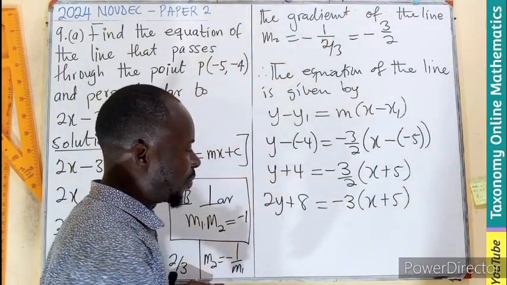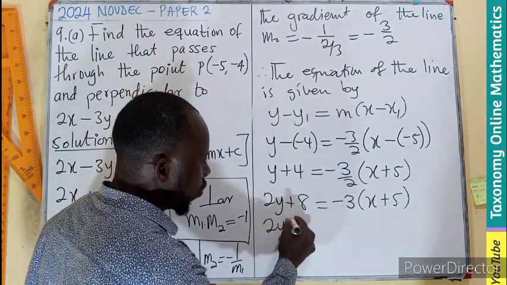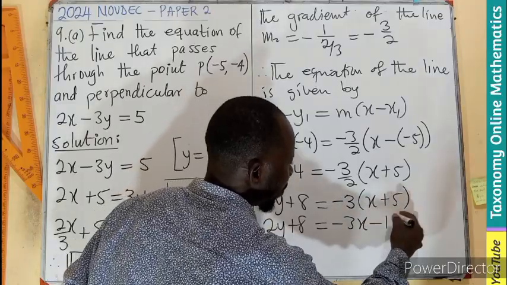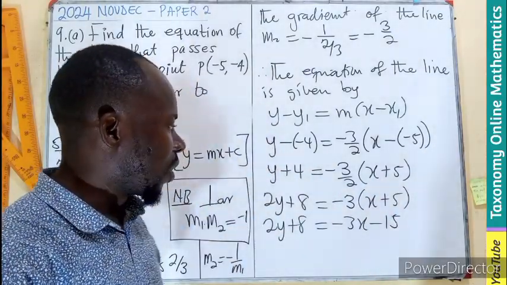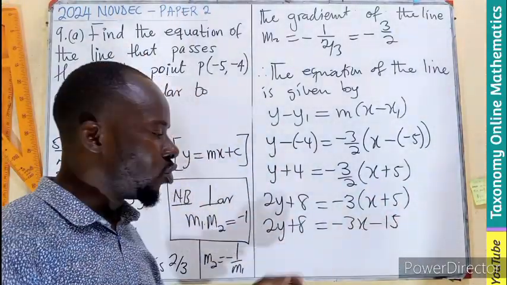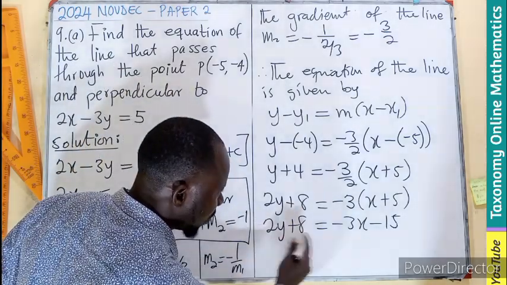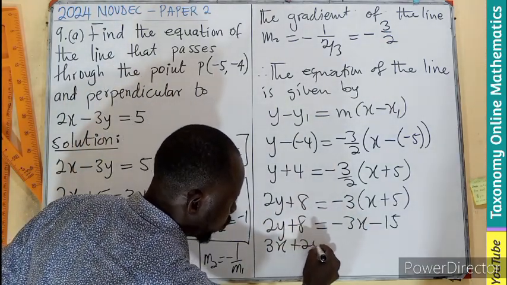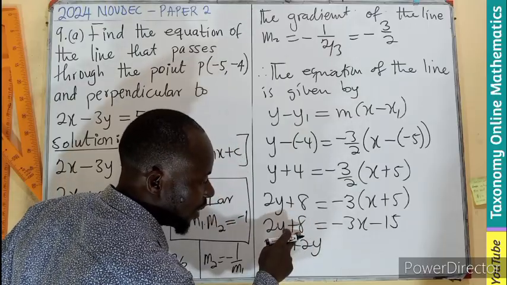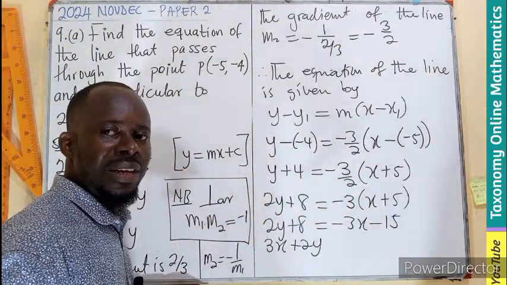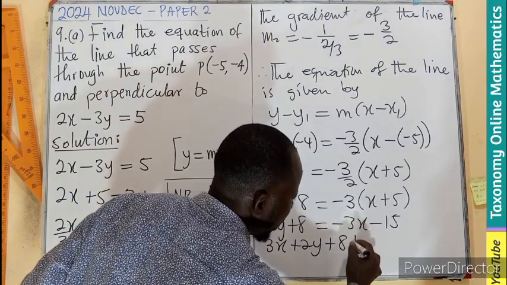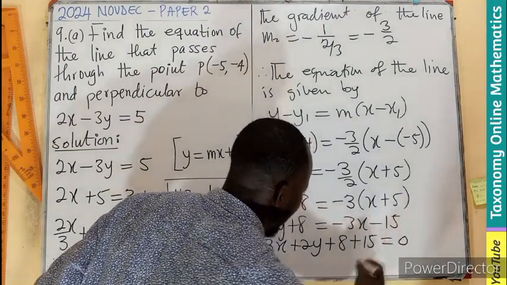Now we can expand this to have 2y plus 8 equals -3x minus 15. Now let's transpose all of this to the left. So I should have 3x plus 2y plus 8 plus 15 equals 0.